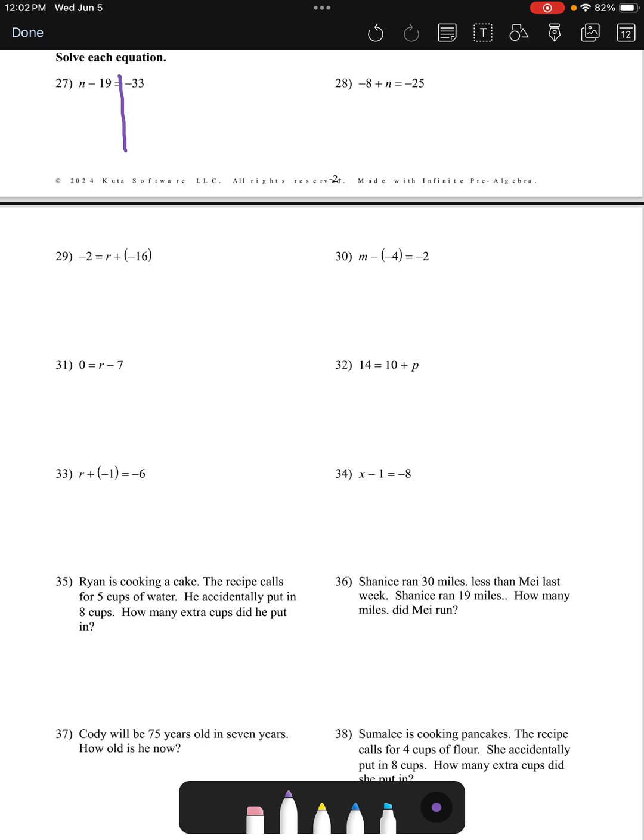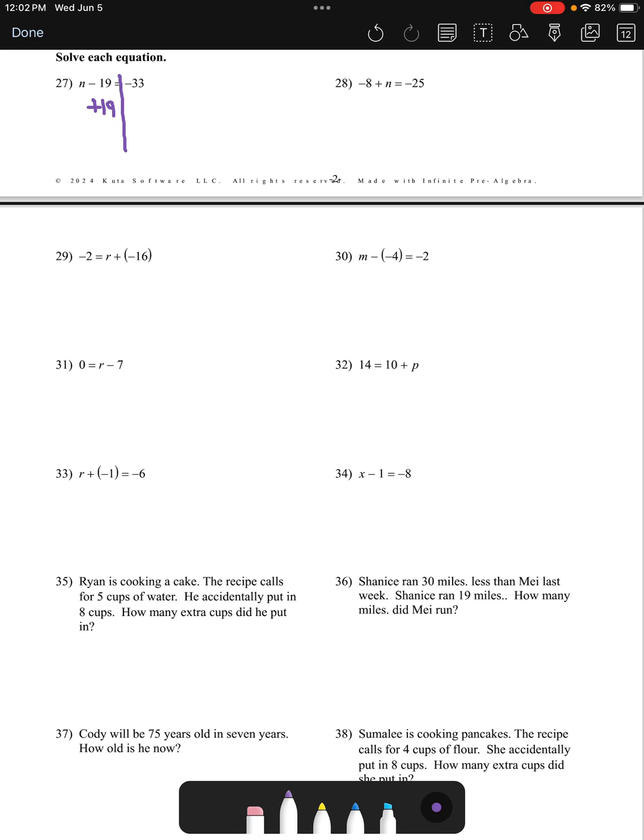What is the opposite of minus or negative 19? The opposite of a negative number is a positive number. So what's the opposite of negative 19? It is positive 19, which also looks a whole lot like addition because it is addition.